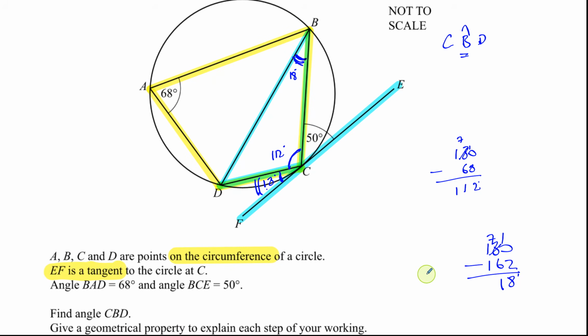Okay, there's also another way we could have done this, which is kind of similar. Okay, I could say that this angle here is equal to this angle over here because of the alternate segment theorem also. Okay, so this angle, let me just put it in a different color instead, that'll be better. So this angle here and this angle here are the same also.